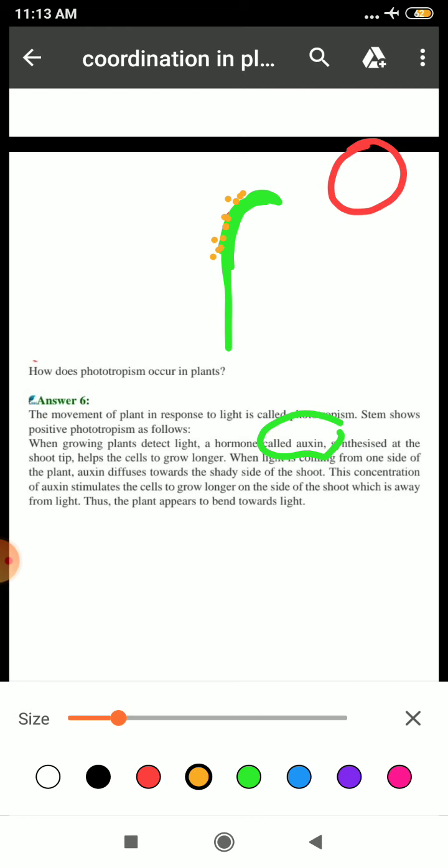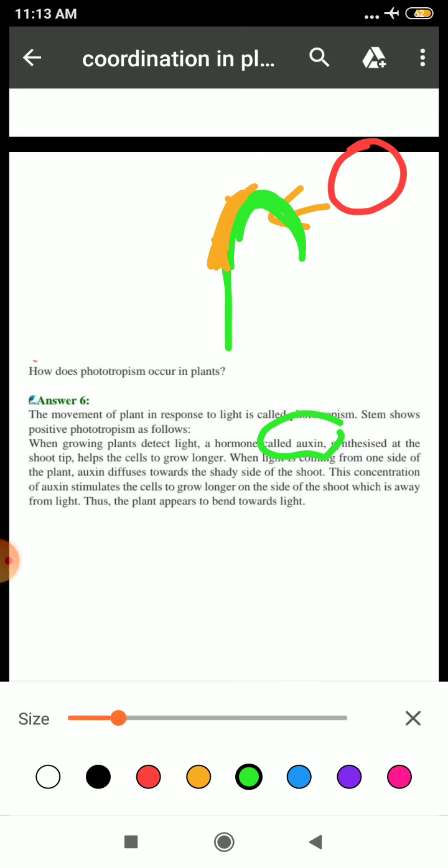This concentration of auxin stimulates the cell to grow longer on the side of the shoot which is away from the light. This portion of the plant is away from the light. So auxin will be synthesized here and it will increase the length of this portion, and in that way your plant will move in this direction.